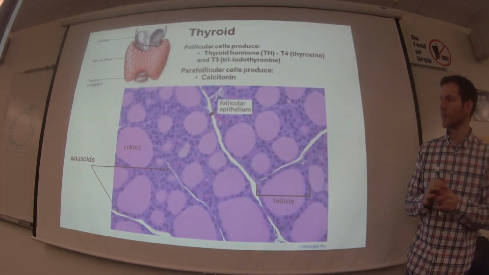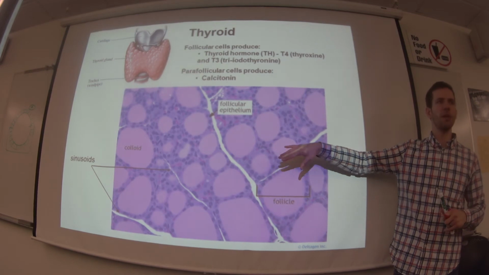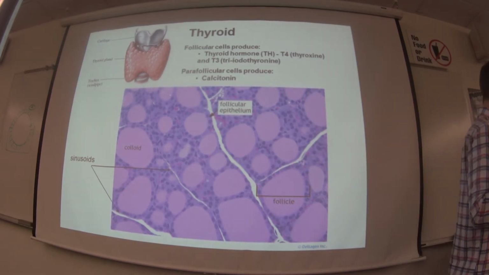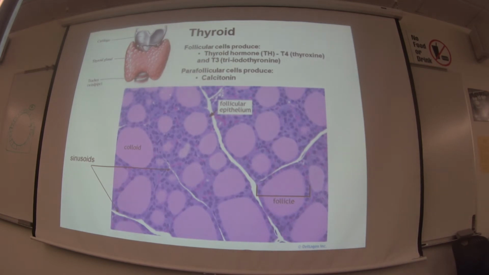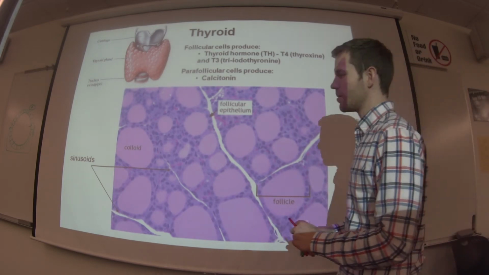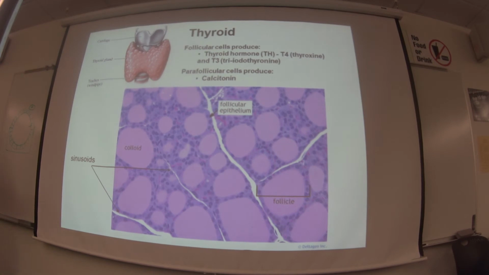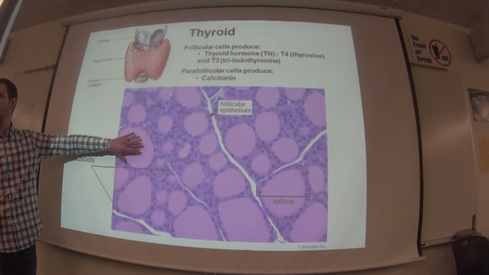The next time you'll see this is probably in a pathophysiology course, where they will talk about people with hyperthyroidism and hypothyroidism and a lot of the different causes. When your thyroid is overactive, you tend to have a larger thyroid gland, and you tend to have a swelling in the gland, mostly because of expansion of these colloids.